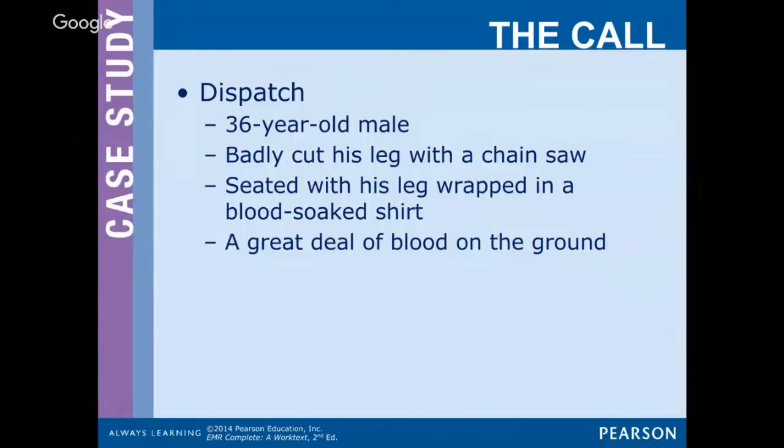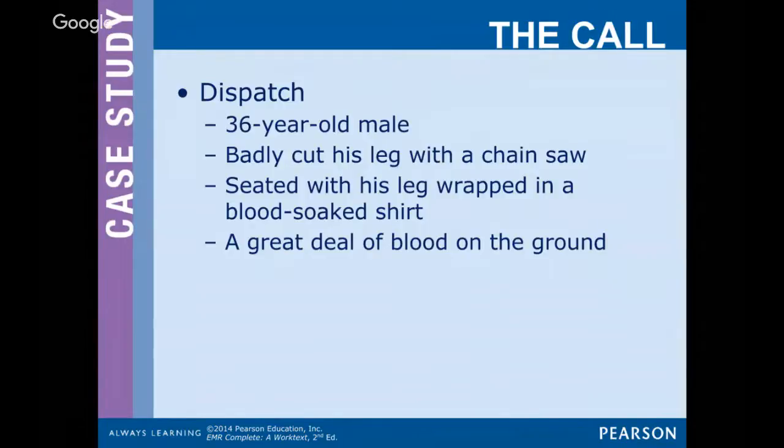Yeah, okay. So you got your general impression. But do you think you have maybe a life-threatening bleed here that we need to address right away? What he's talking about is your general impression. So obviously, gloves on, scene safe, right? We want to make sure that this guy isn't a chainsaw-wielding psycho like in the Texas Chainsaw Massacre, right?